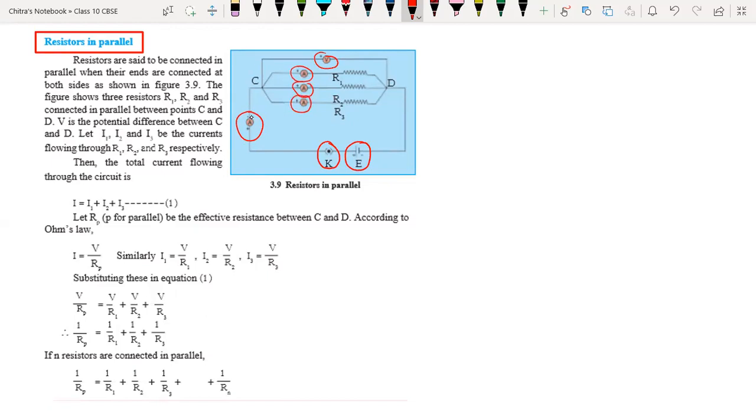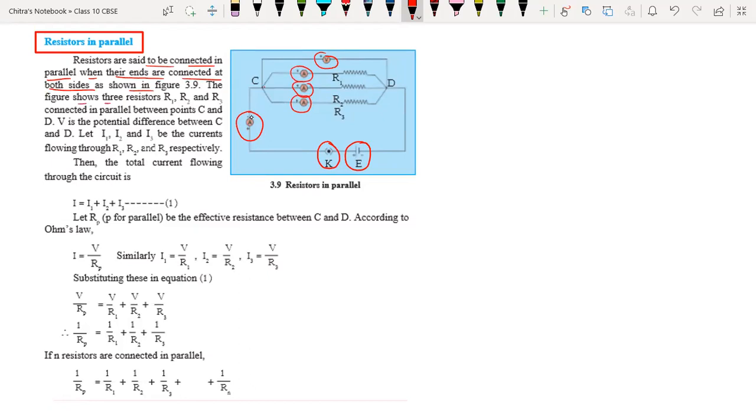Okay, and see this combination. From that particular point we have connected all the three resistors parallelly. So the resistors are said to be connected in parallel when their ends are connected at both sides as shown in the figure.